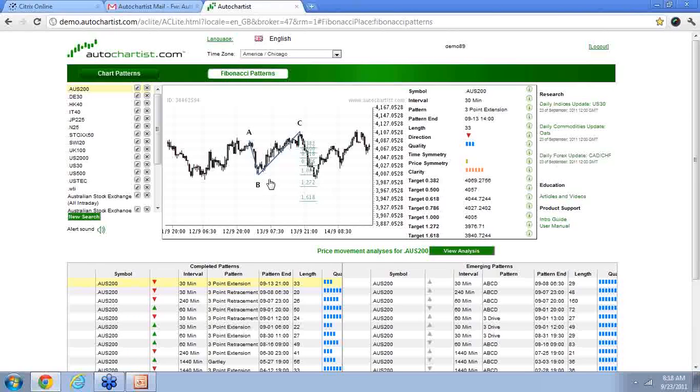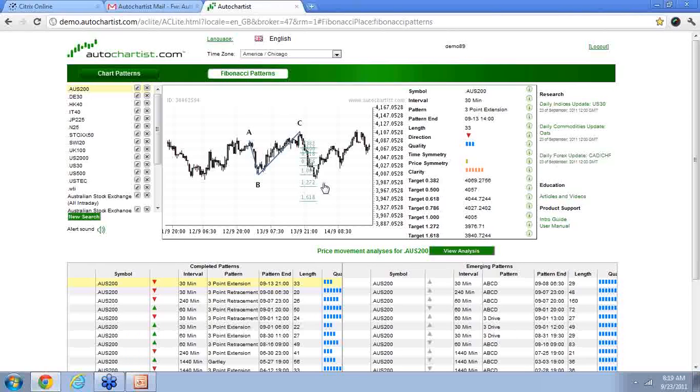So it's a counter trend type of analysis. The basic chart patterns tend to lean towards trending markets, or markets that are moving in one direction, whereas the Fibonacci patterns tend to look for counter trend patterns.